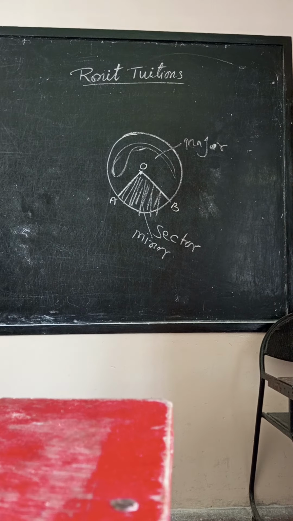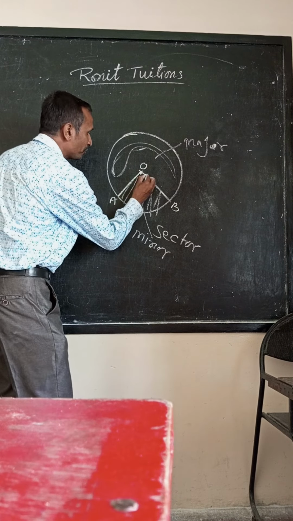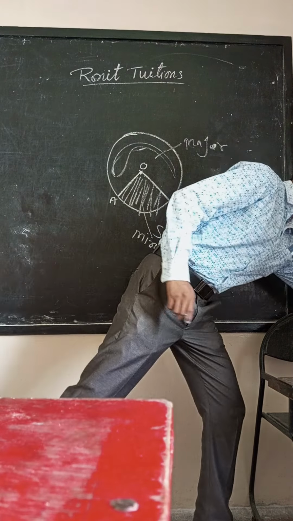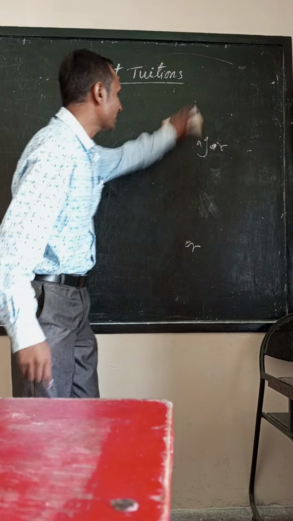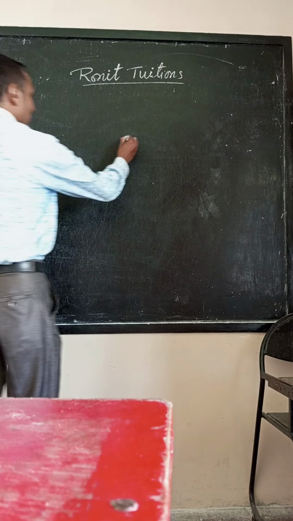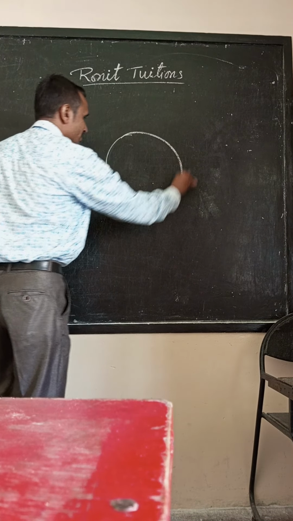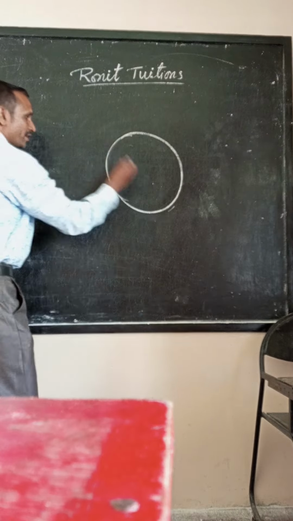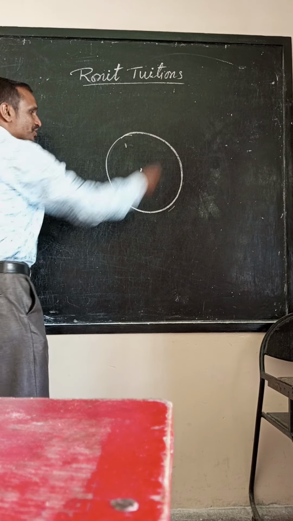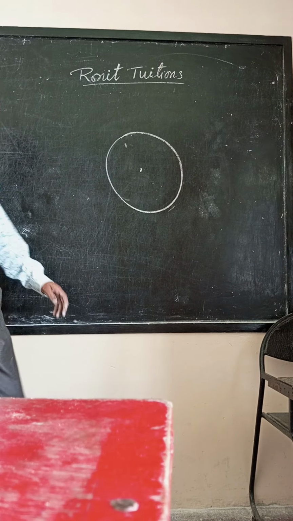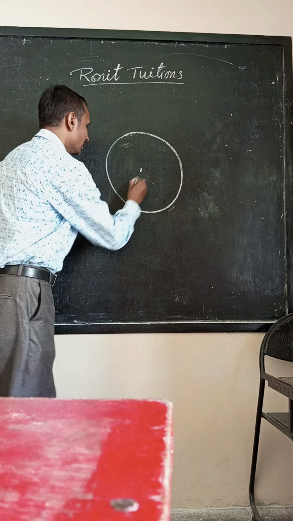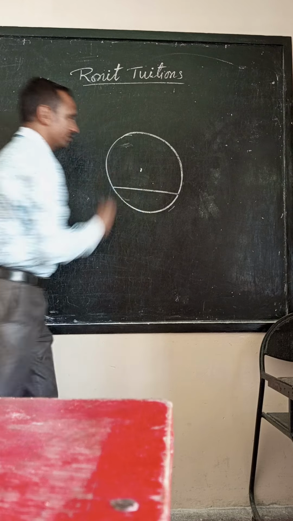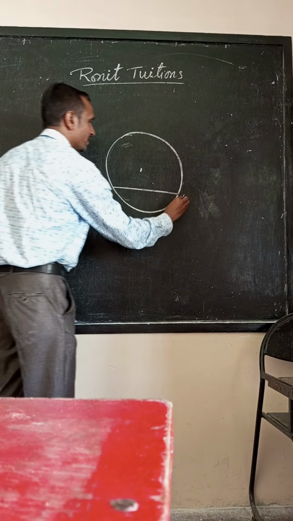Next, angles on the circle. On a circle, there is a complete angle of 360 degrees. Now, suppose we make a chord AB.